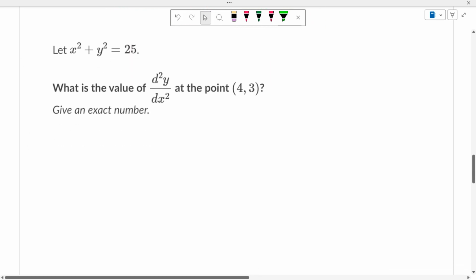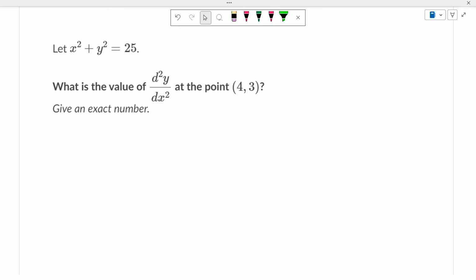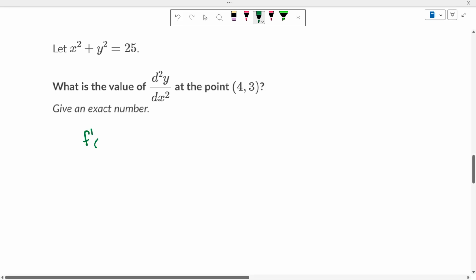Okay, here's the circle formula. We want to find not the slope, but the concavity at (4, 3). So let's take the first derivative and then let's find the second derivative. What's the first derivative of this? 2x plus 2y dy/dx equals 0.